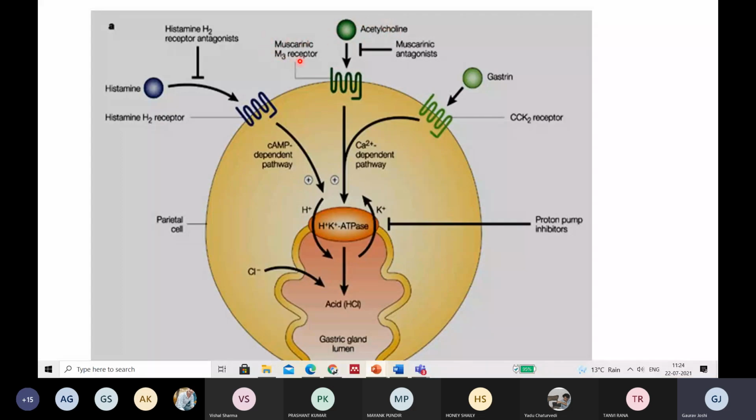The acetylcholine acts on the M3 receptor, or we call it the muscarinic 3 receptor, and again it is affecting the parietal cell, right? The third I have talked about is gastrin, right? Gastrin is again interacting with the chemokine receptor, and again it is affecting the parietal cell proton pump by the calcium dependent pathway, and histamine is affecting it by the cAMP dependent pathway. So basically histamine will act by the GPCR mechanism. We have already talked about that thing, right?